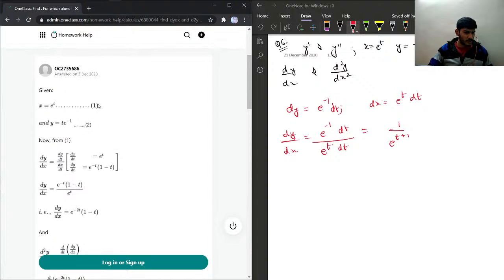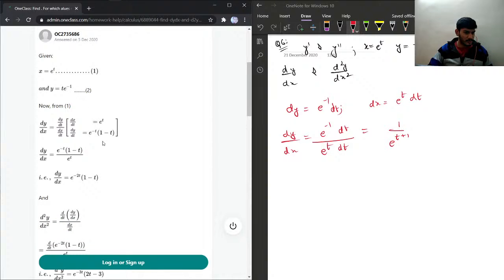I'm not sure why they have taken it like this. Dy by dt is t times e power minus 1. E power minus 1 will come in the denominator.